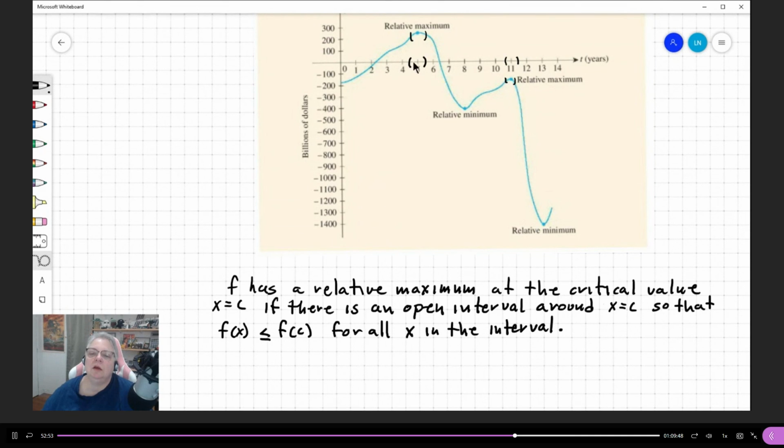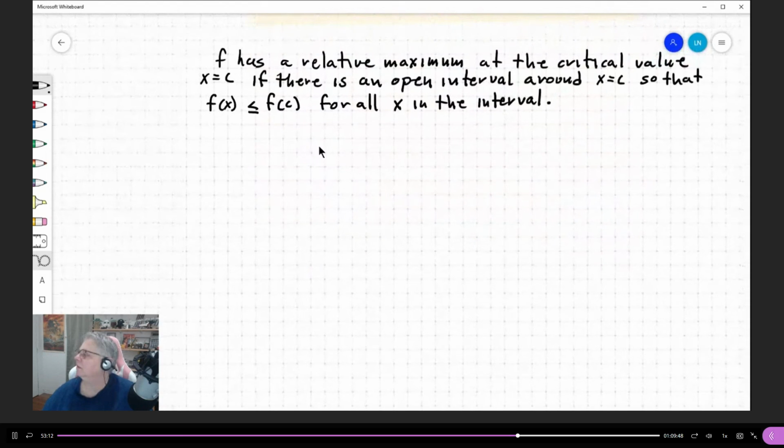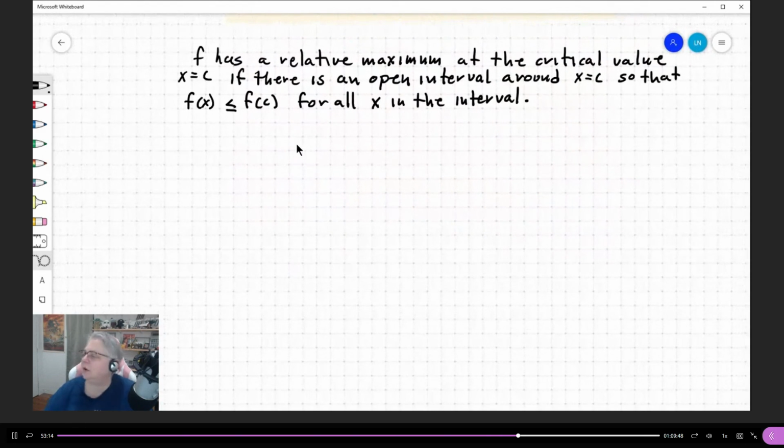I can make an interval around 5 so that for every value in that interval, f of that value is going to be less than f of 5. That makes that a relative maximum.